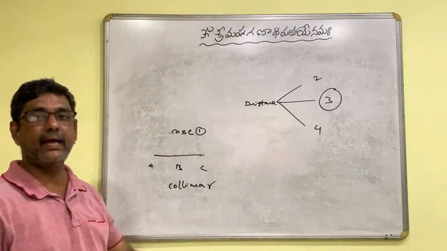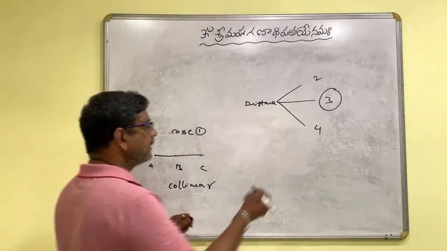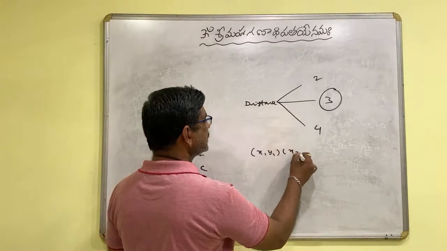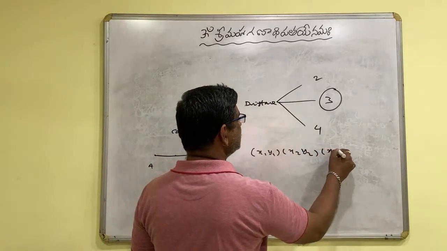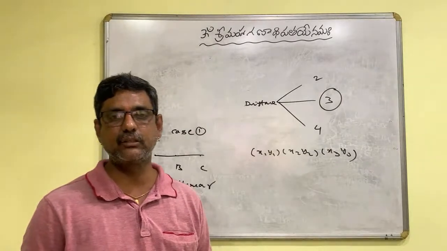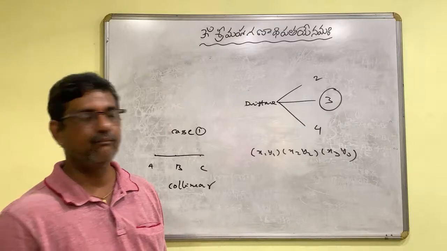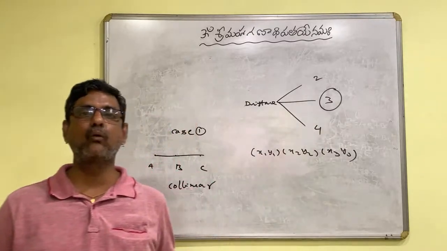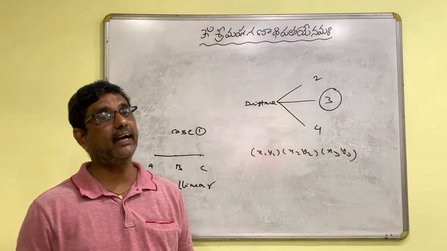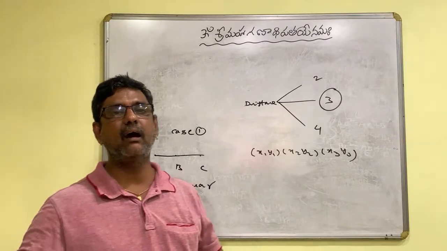We can call them collinear points. A question will be given like this: x1, y1, x2, y2, x3, y3. Verify whether these 3 points are collinear or not.